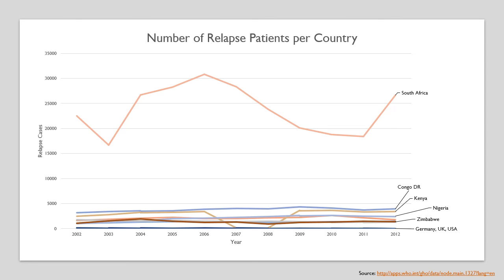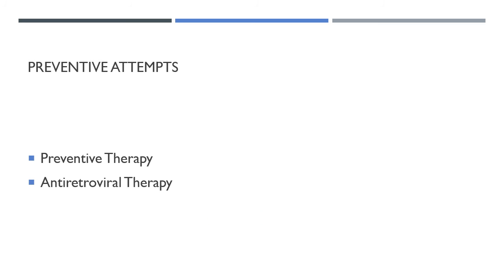This data suggests that it is actually a problem, especially in underdeveloped nations, where the US, UK, Germany, and all the other developed countries don't have this problem. Africa does, usually because of lack of follow-up. With a lack of follow-up, the first line usually fails and there's a relapse, and usually these cases go to a second line treatment, which becomes more complicated to cure afterwards.